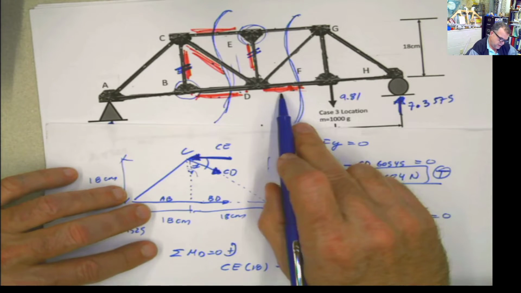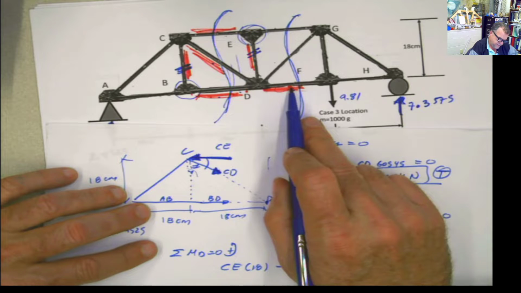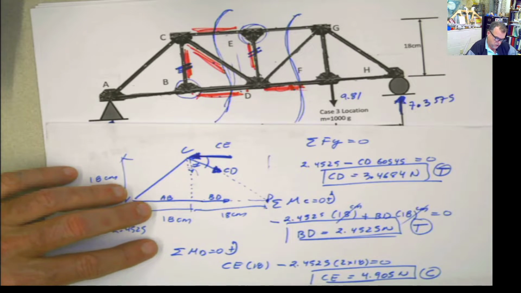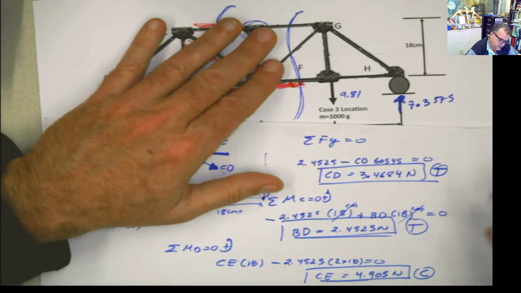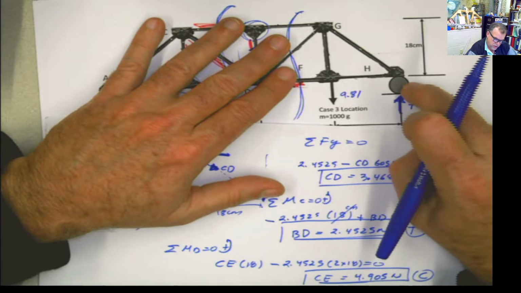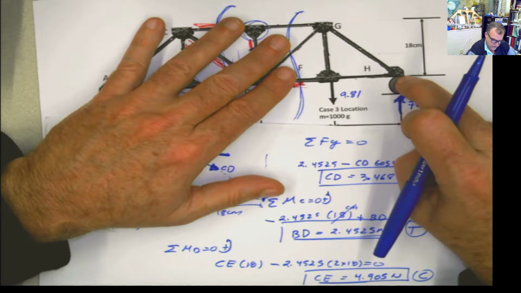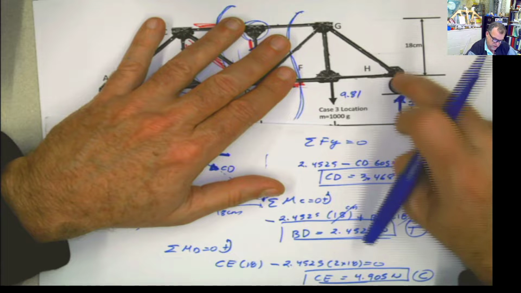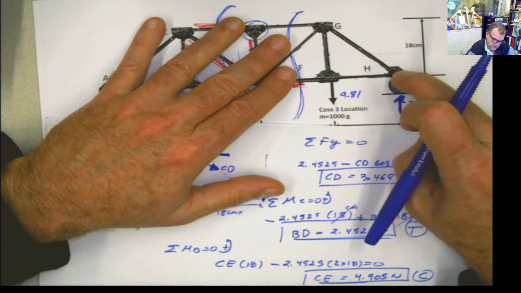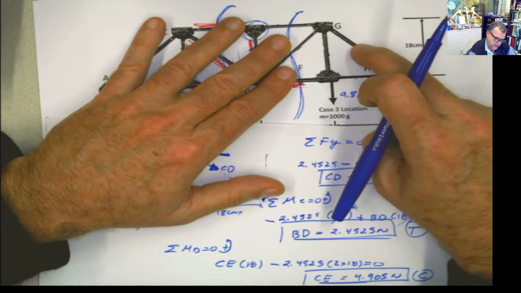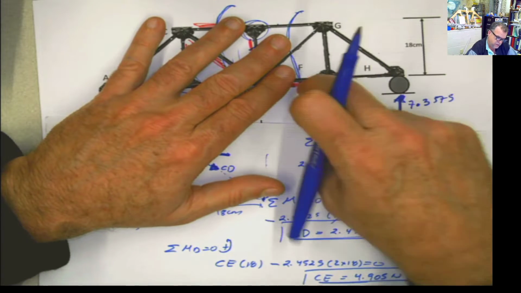Now we're missing one bar, which is this bar here. You can calculate this bar in many different ways. You can say that this bar is equal to this bar, so I do the analysis of this joint. If I do summation of forces in Y, I can calculate this, and then in X, this is going to be equal to that.